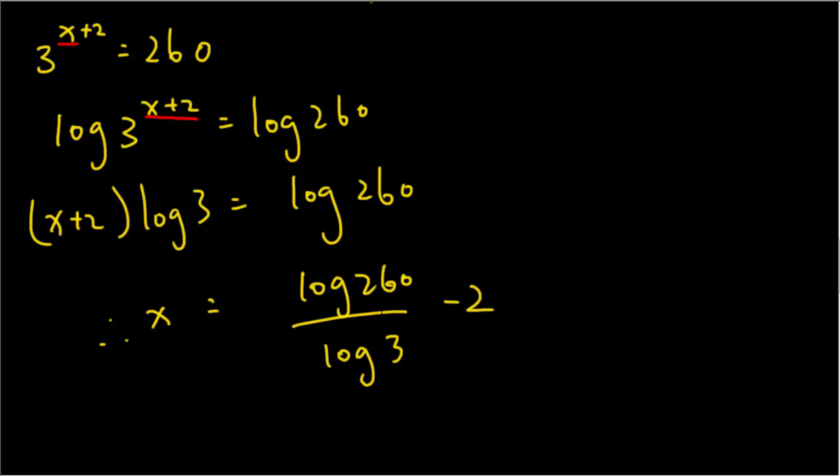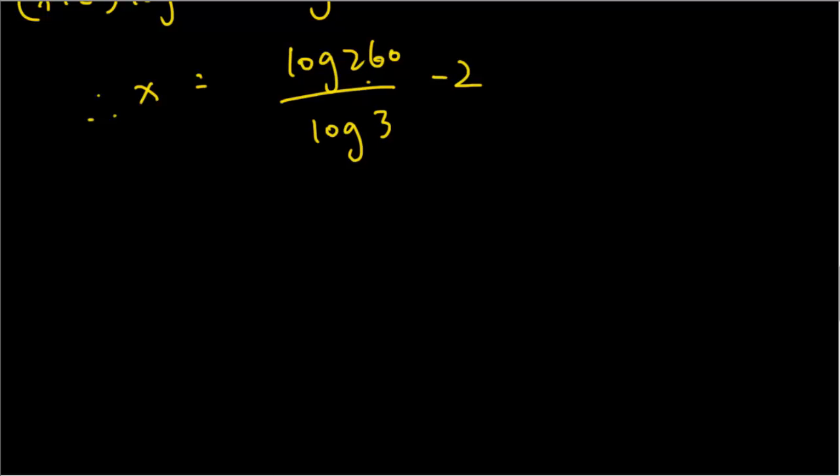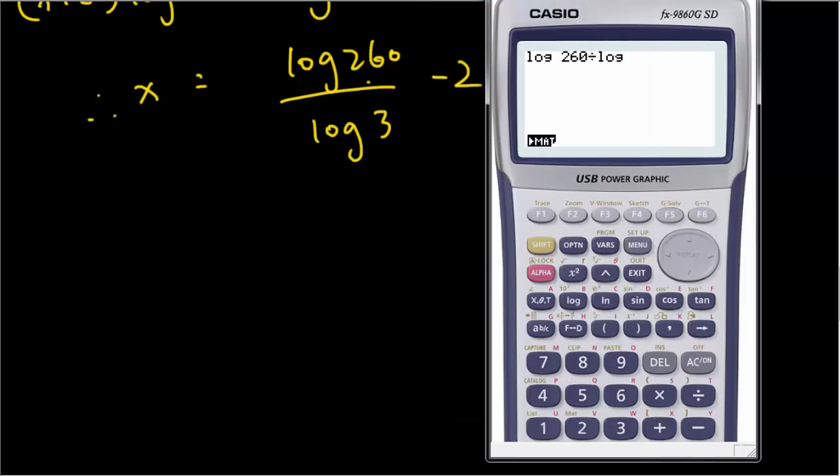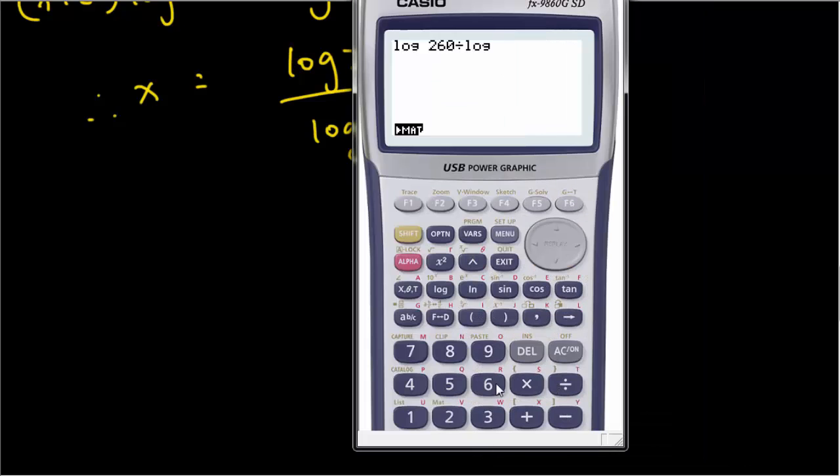If I bring up my calculator again, log of 260 divided by log of 3, and then minus 2, it's 3.06.